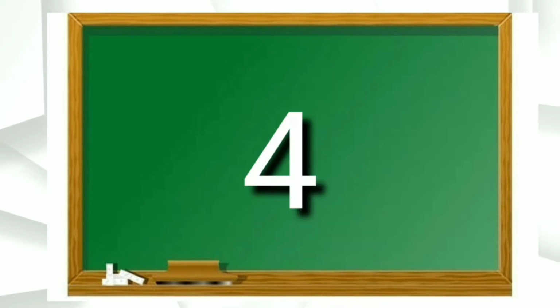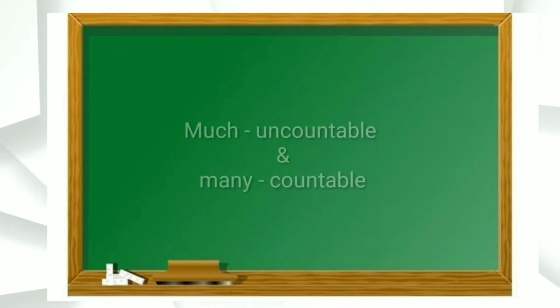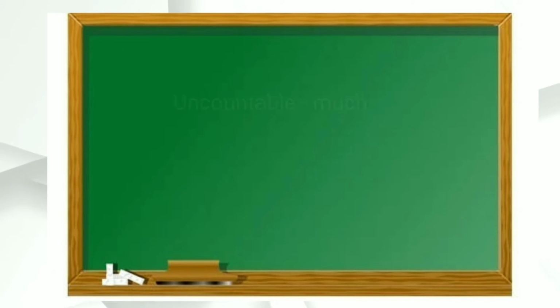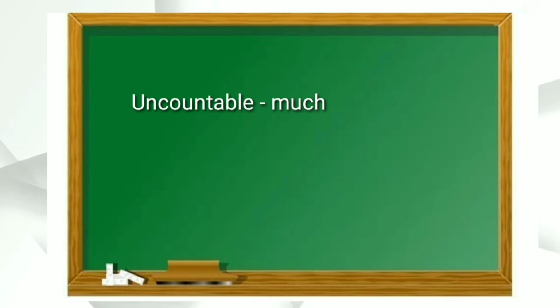Tip number 4. The distinction between much and many. The word much is used before uncountable nouns, while the word many is used before countable nouns. Here, uncountable nouns are substances which cannot be further broken down into smaller elements. For example, liters of milk.